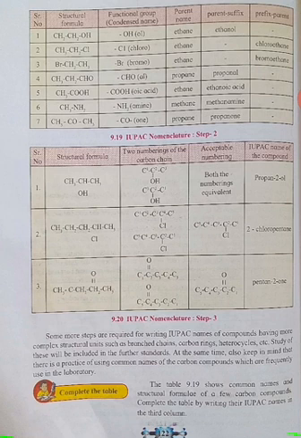In the last, the seventh example, the structural formula is CH3COCH3. Here the functional group is CO, and the parent name is propane and that will be changed to the suffix form propanone.